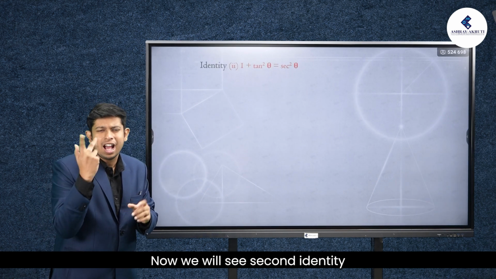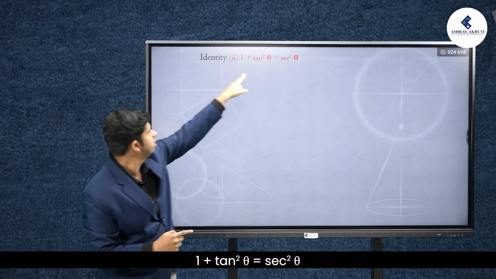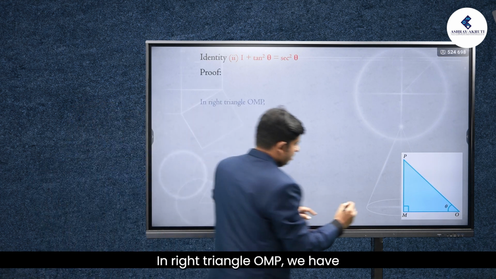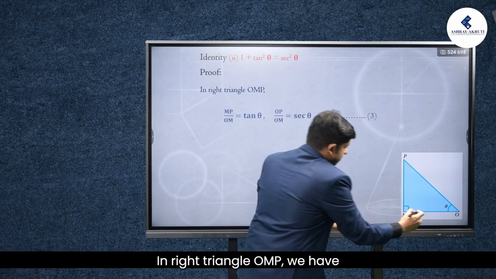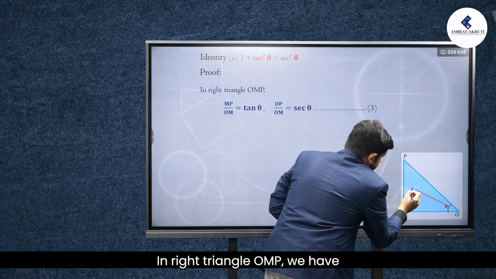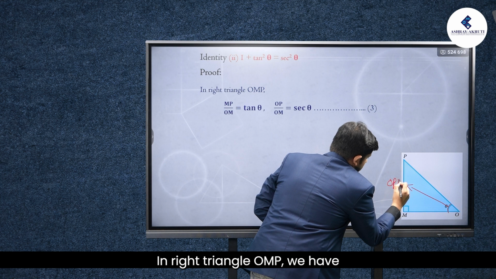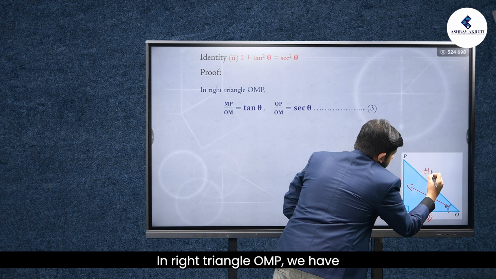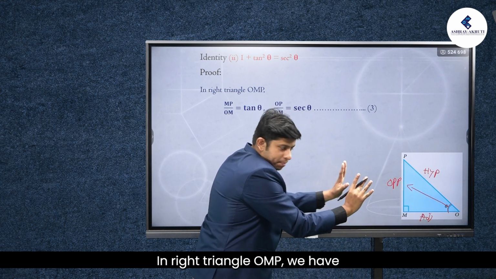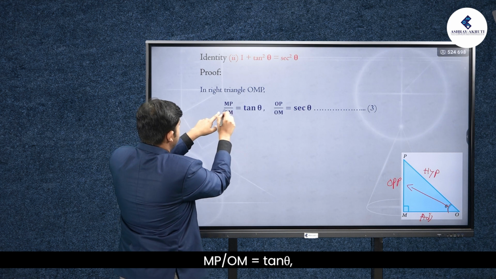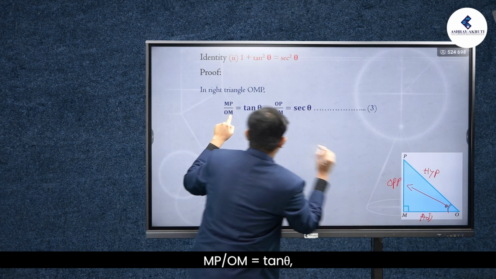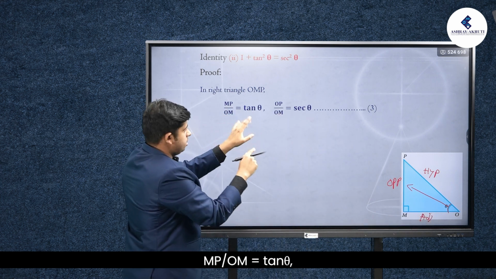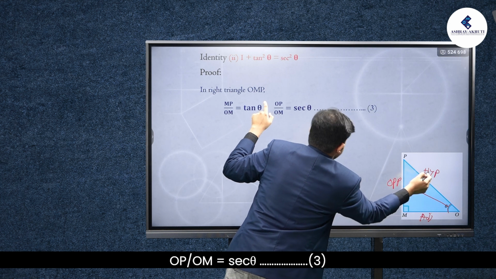Now we will see the second identity. 1 plus tan square theta is equal to secant square theta. In right triangle OMP we have MP by OM is equal to tan theta, OP by OM is equal to secant theta.